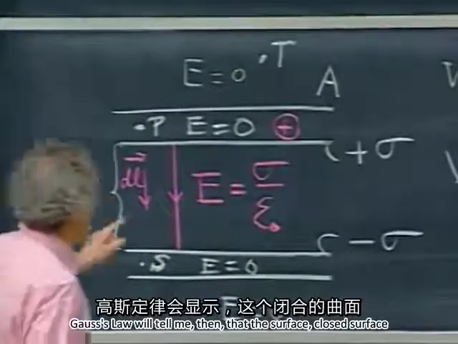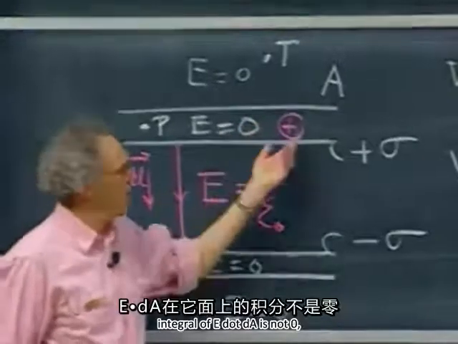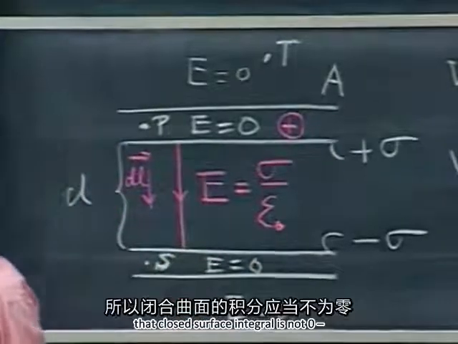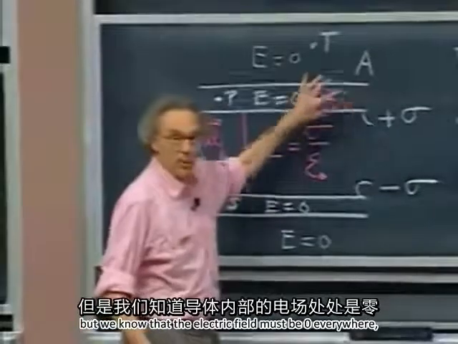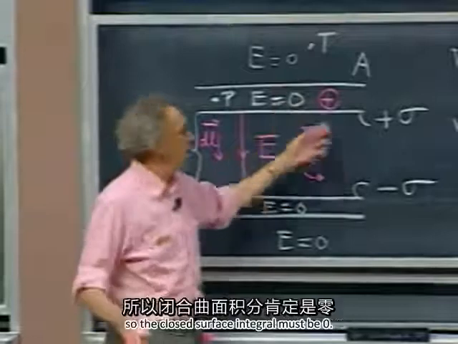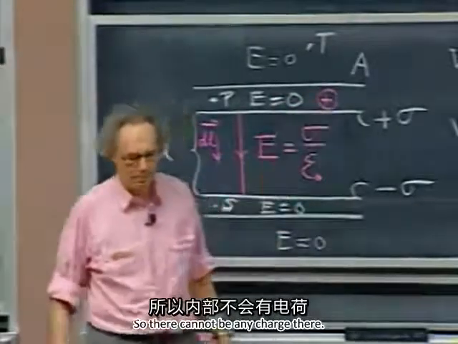Gauss' law will tell me that the closed surface integral of E dot dA is not zero because there is charge inside. But we know that the electric field must be zero everywhere in the conductor, so the closed surface integral must be zero. So there cannot be any charge there. Simple argument.